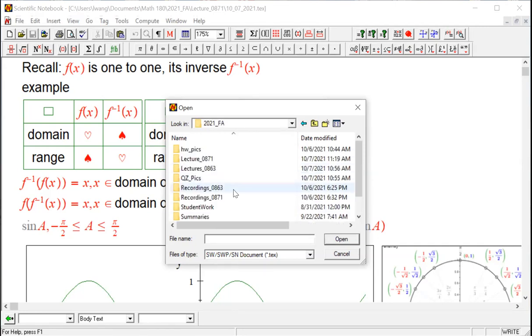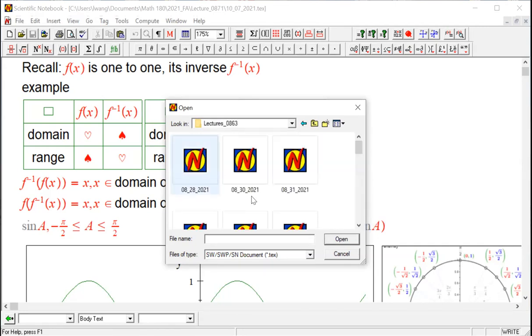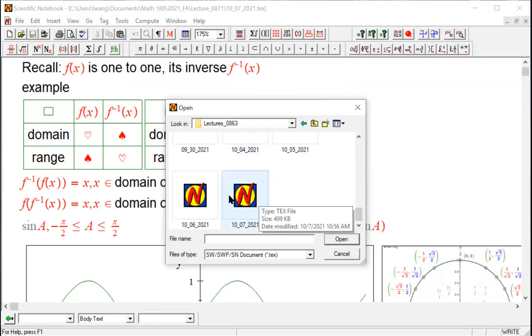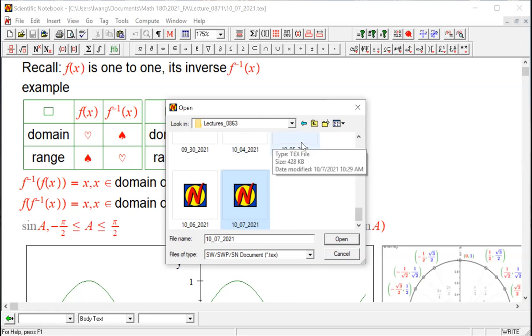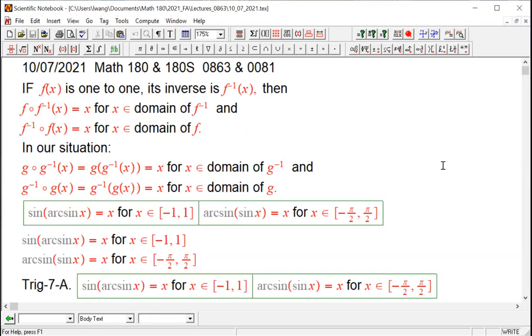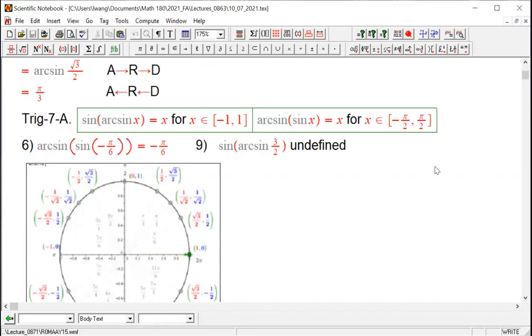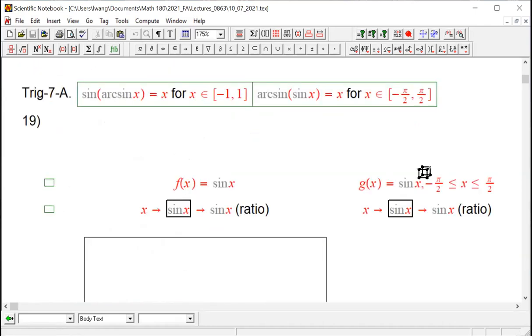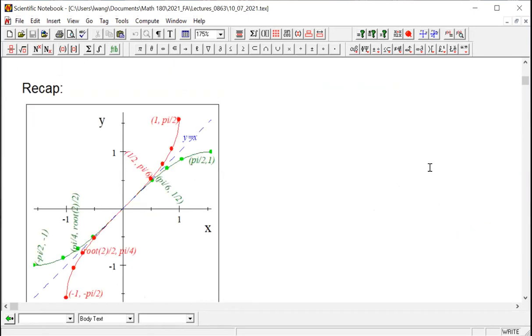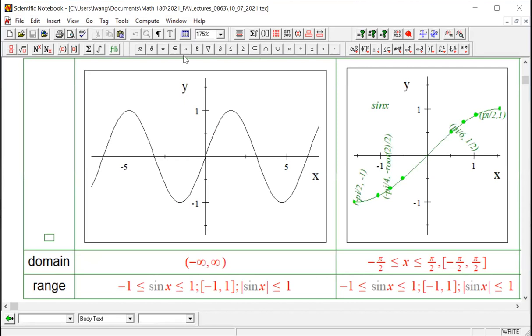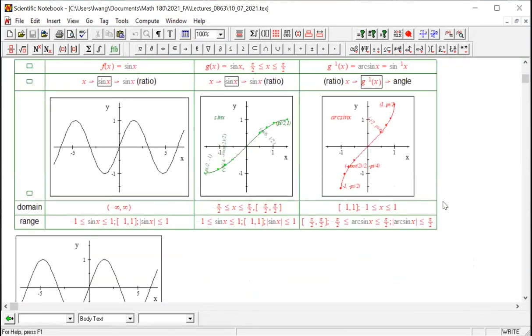Today's lecture, the 7th. I made a table summary for the function we have. Okay, so we have that table of summary right here.